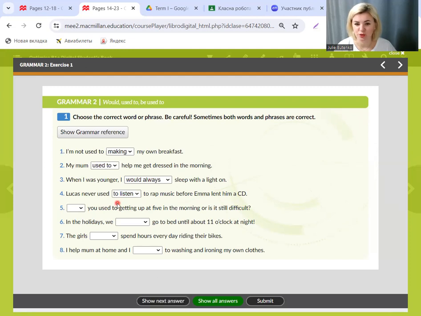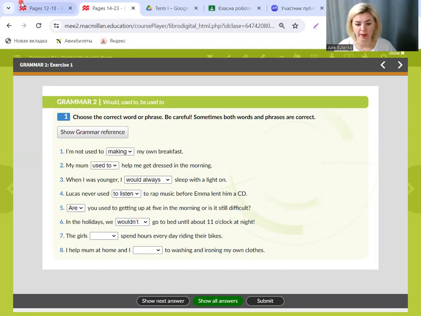To listen, тому що структура used to плюс bare infinitive. The next. Are or did you used to getting up? Тільки бачимо інгове закінчення, відразу розуміємо, що are. In the holidays, we didn't use or wouldn't go to bed until about 11 o'clock at night.